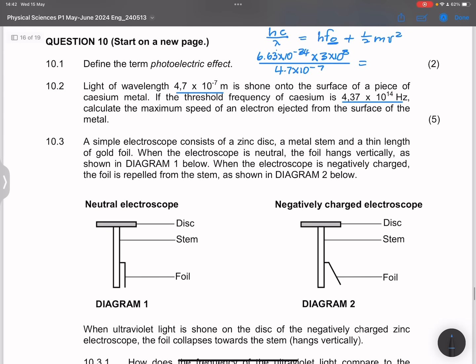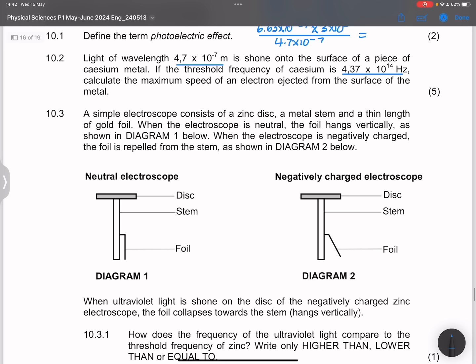Right, now the next question, they say we've got a simple electroscope that consists of a zinc disc, a metal stem, and a thin length of gold foil. They say when the electroscope is neutral, the foil hangs vertically, as shown in diagram 1 below.